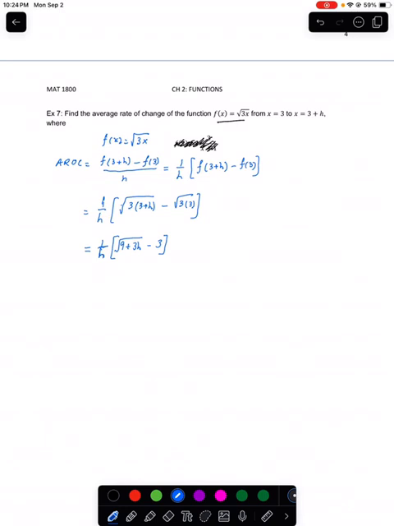So in this case what we do is something very different, which is multiply by the conjugate. So what is the conjugate? This is something I will tell you here.